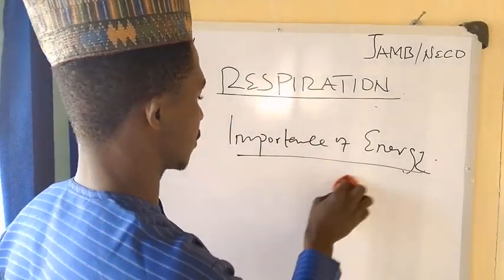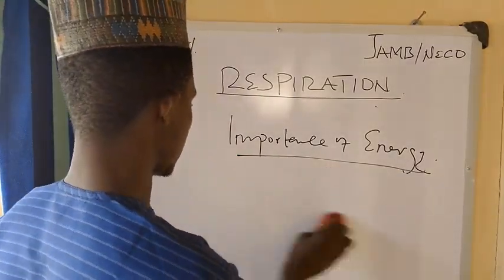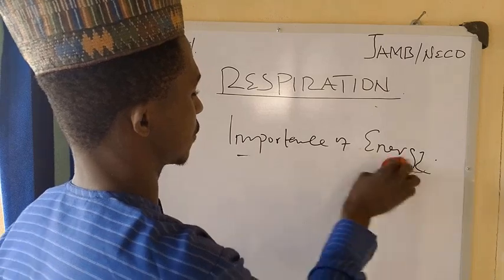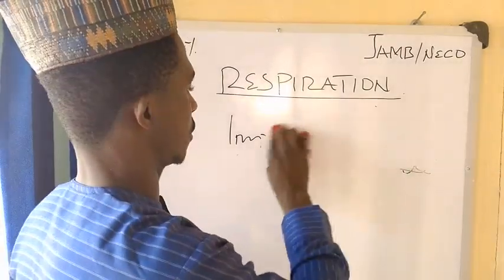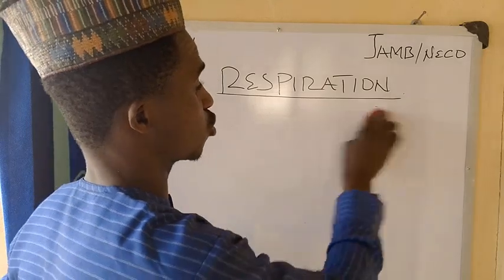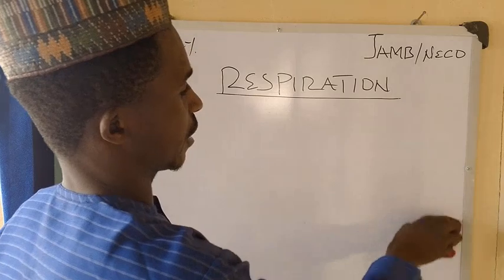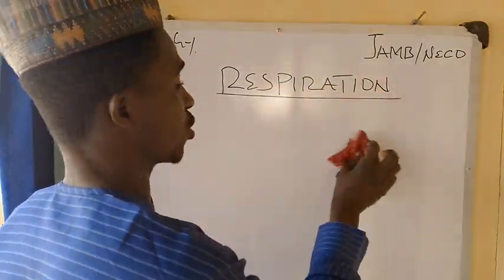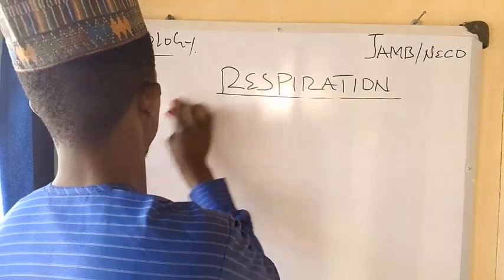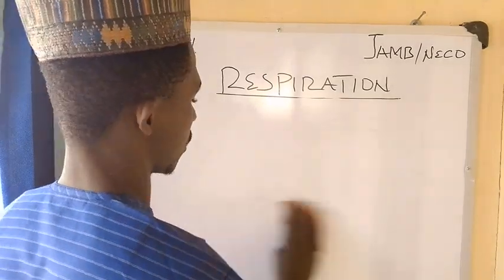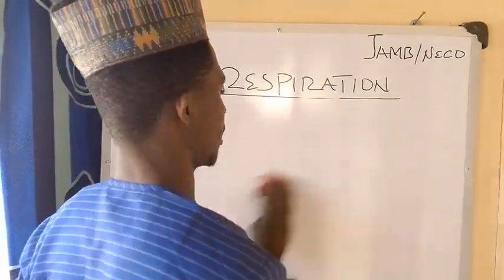So these are some of the importance of energy. Energy can also be used to maintain body temperature. It can also be used for respiration and so on. So there are more importance of this energy.